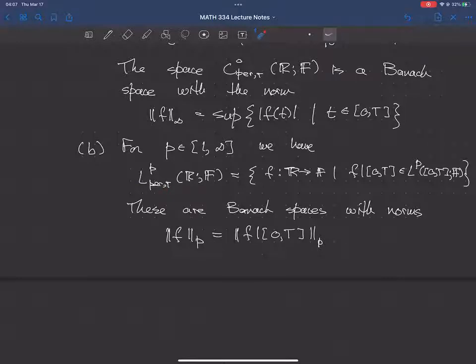So there's messing around that you have to do. You ask, what's the equivalence relation in here going to be? Is it going to be agreement almost everywhere on R, or is it going to be agreement almost everywhere on a single period?